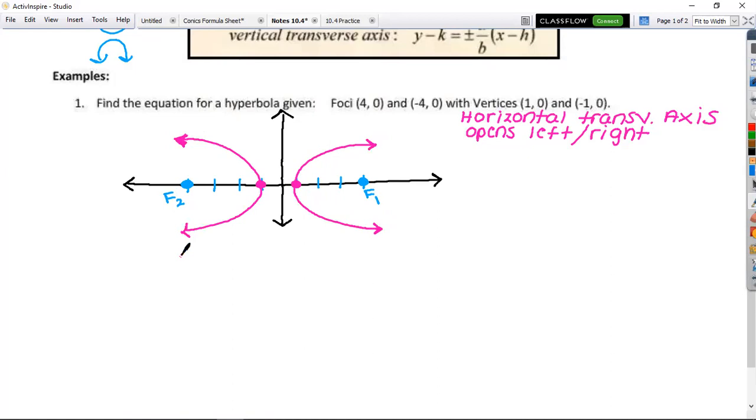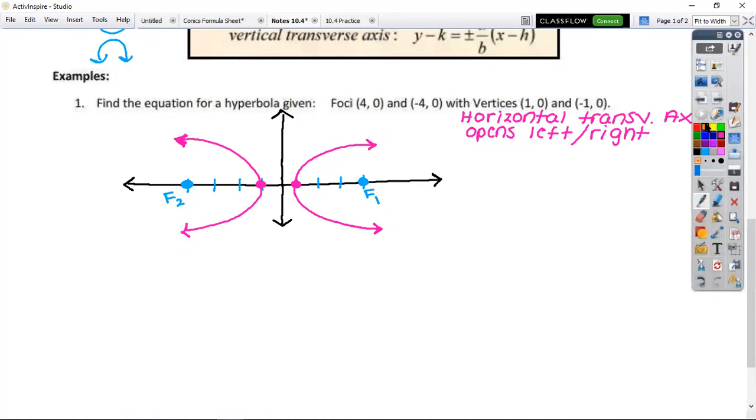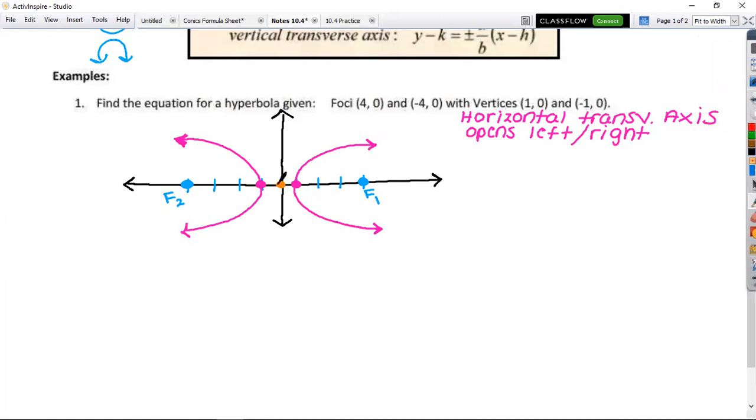Okay. And now what's helpful to do here is let's find the center. I think you probably see where the center is, right at 0, 0. So here's my center. I'm going to state that. Over on the side here, my center is located at 0, 0.